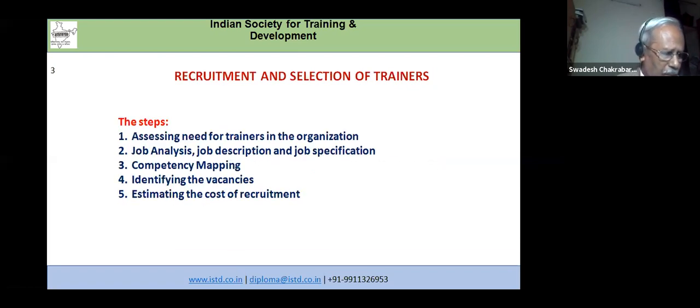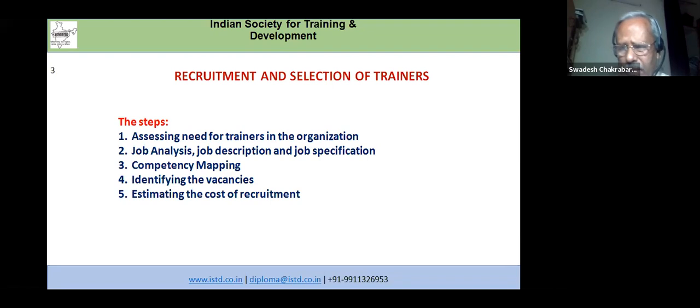So now start with our first thing, the recruitment and selection of trainers. Now let us see what this is. There are various steps, as you know, in the recruitment and selection of trainers. The first thing I would like to ask you, I think all of you know about it, but still, as a part of an HR concept, what is the difference between recruitment and selection?